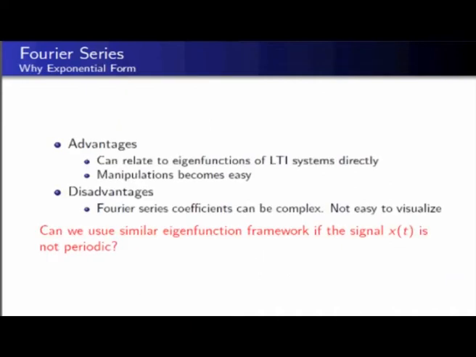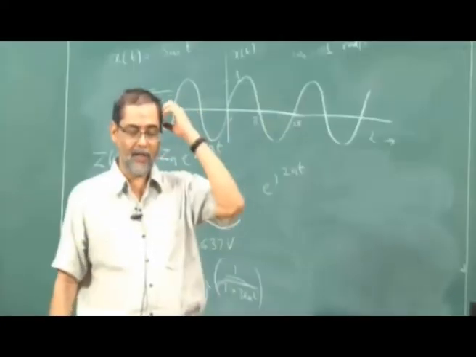So for using eigen functions, exponential form is useful. I told you my interest is not computing Fourier series as it is. If you are interested in Fourier series, then you probably want to compute trigonometric form. My interest is in computing the eigen function, so I express it in the complex form e to the power of j n omega naught t.